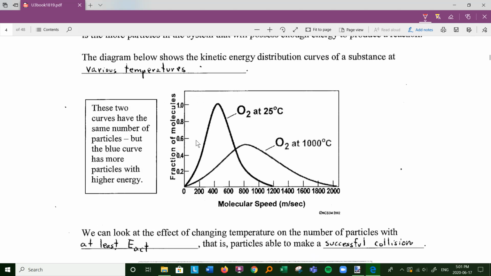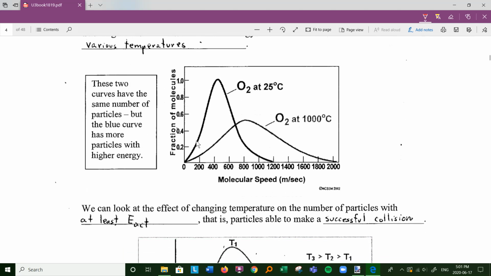Here, at a given temperature, let's say my activation energy is over here. I'm just putting it in here. It doesn't change much with temperature, the activation energy. But you see at a lower temperature, 25 degrees Celsius, you see a cluster here and just a few molecules to the right of the activation energy.